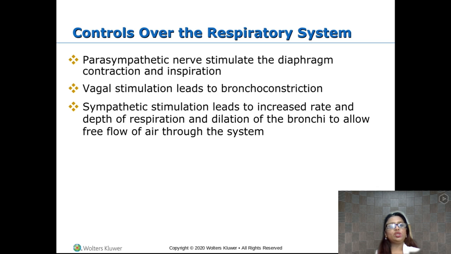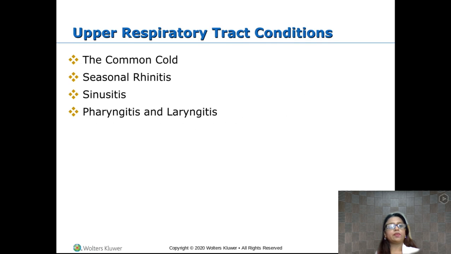Sympathetic stimulation leads to increased rate and depth of respiration and dilatation of the bronchi to allow free flow of air through the system. Whenever our sympathetic nervous system, the fight and flight response, is activated, there is a little bit of bronchial dilation, and the person is able to breathe better.